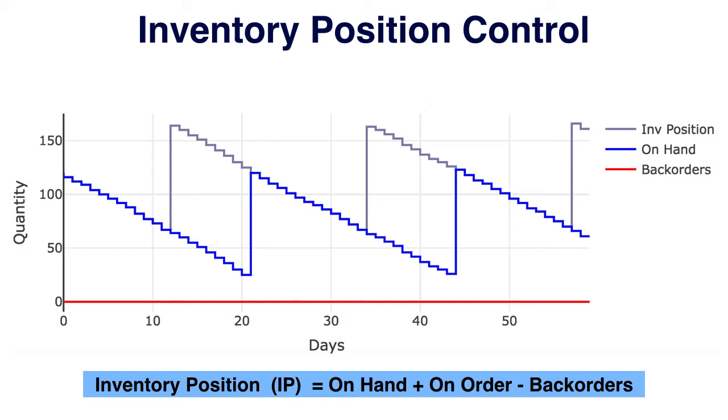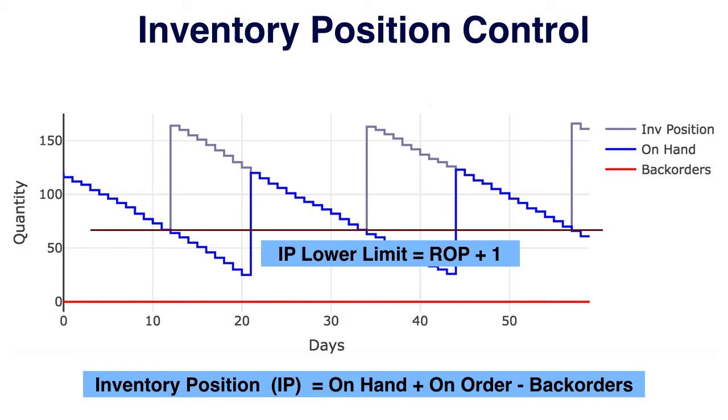So how do you control? What we do is we keep on a continual basis monitoring the inventory position, item by item, to ensure that the inventory position will never fall below ROP plus 1. In other words, the moment it reaches ROP plus 1, you place an order.